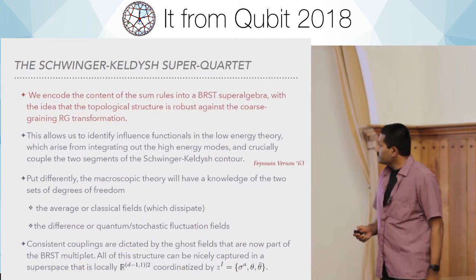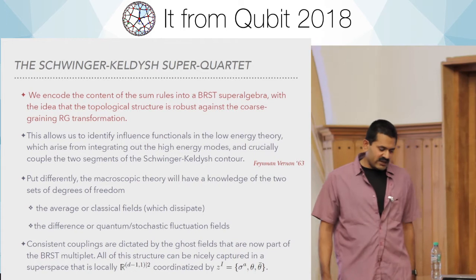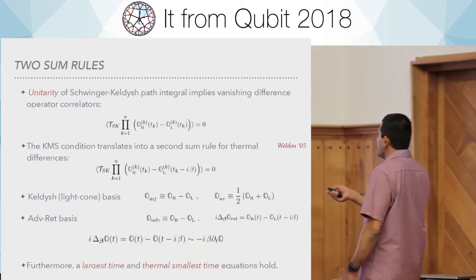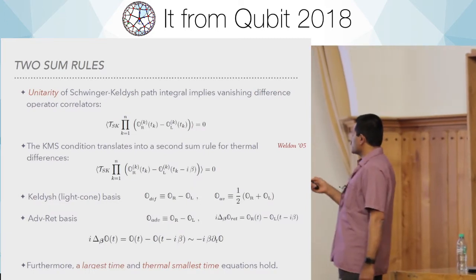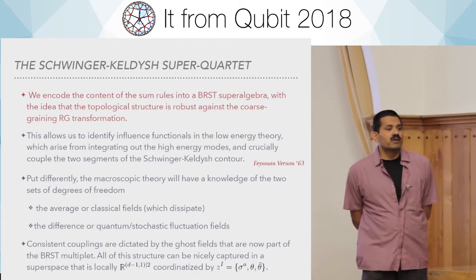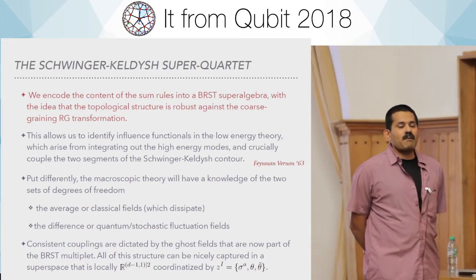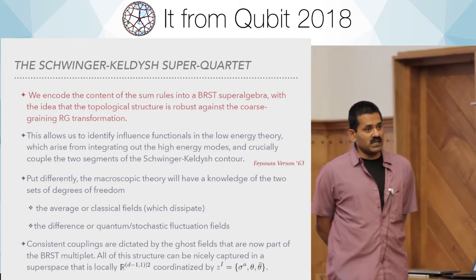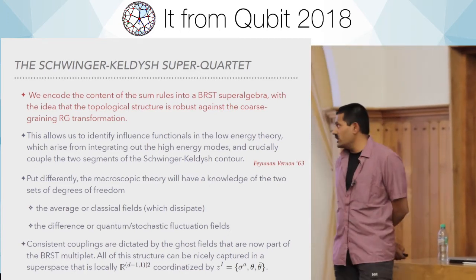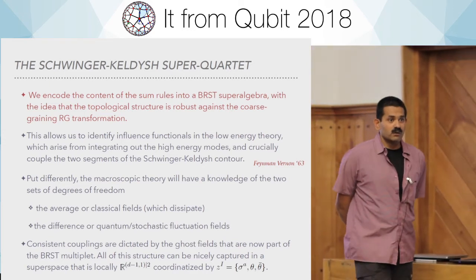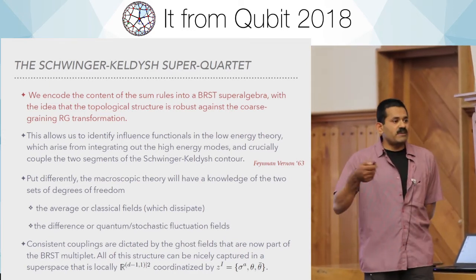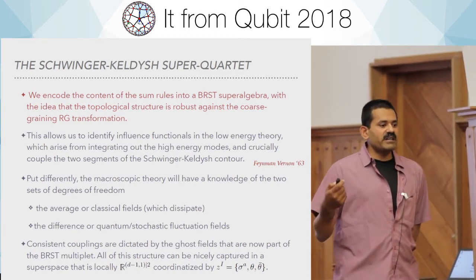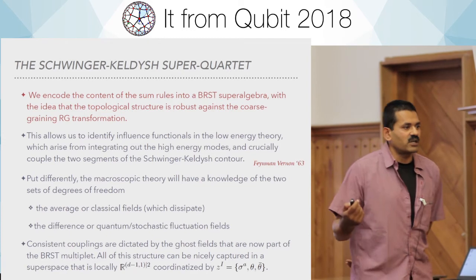So we have a proposal, which can be checked in various cases, of encoding the data coming from these sum rules into a set of symmetry statements. And these symmetry statements should better be robust under integrating out high energy modes. In other words, they should be robust under coarse graining, otherwise they're reasonably useless. And the only kind of symmetry statements that are powerful enough to survive coarse graining are symmetry statements that involve some kind of topological structure.